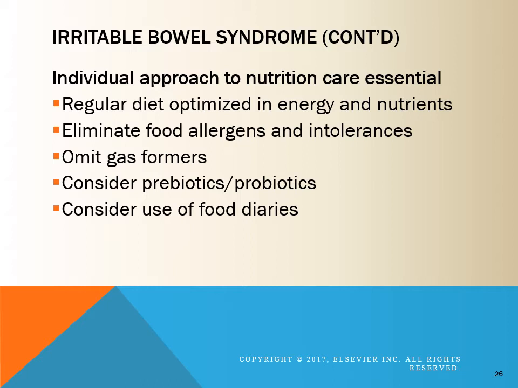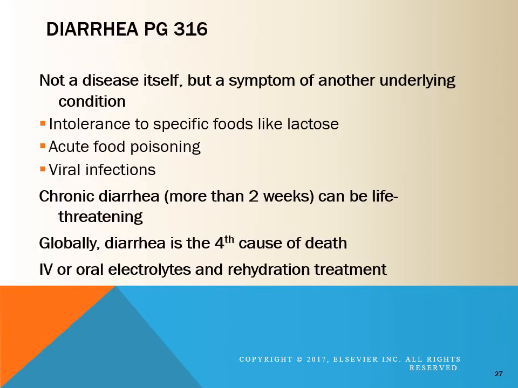So it could be used to help them identify troublesome foods. Patients should omit gas formers. Consider prebiotics and probiotics, which we discussed on a previous slide. So we can utilize those same principles here for IBS. And consider use of food diaries. So this would all be helpful for these patients.